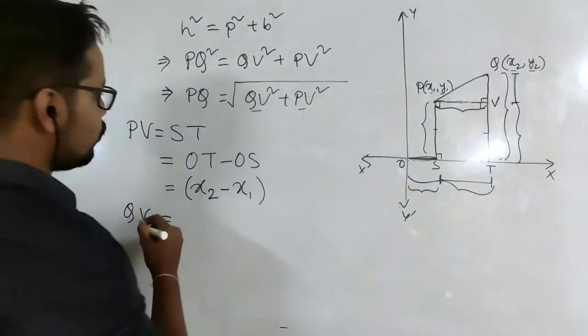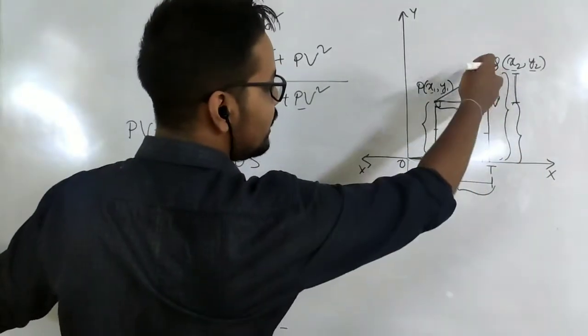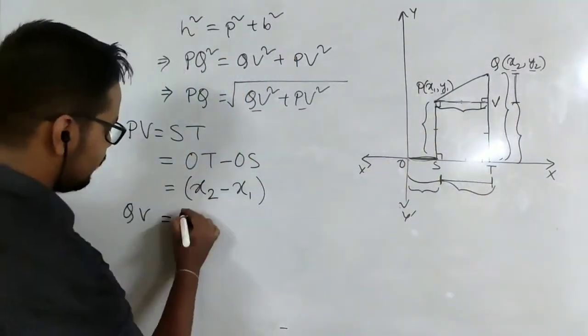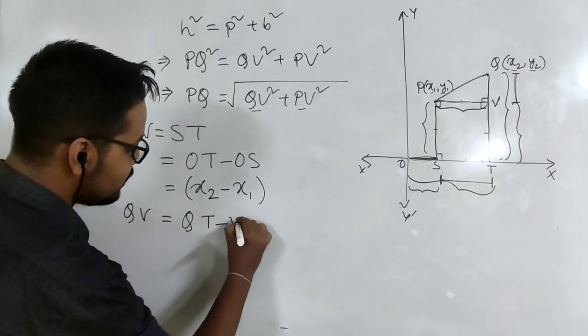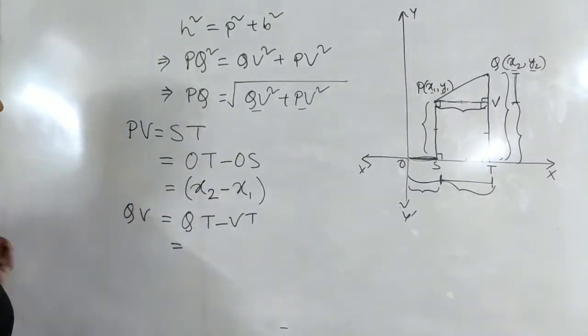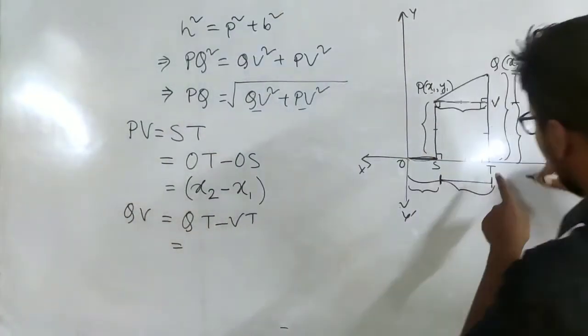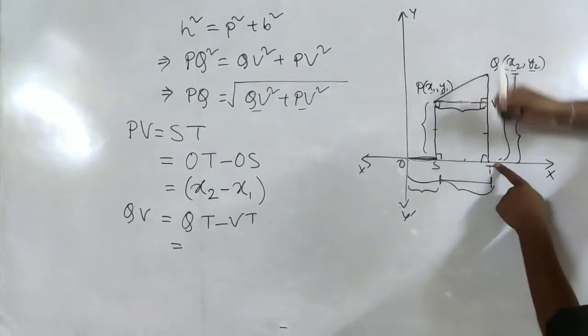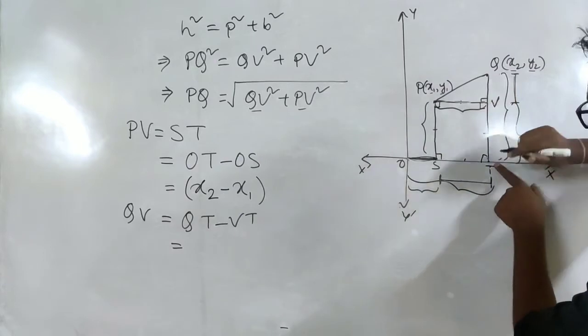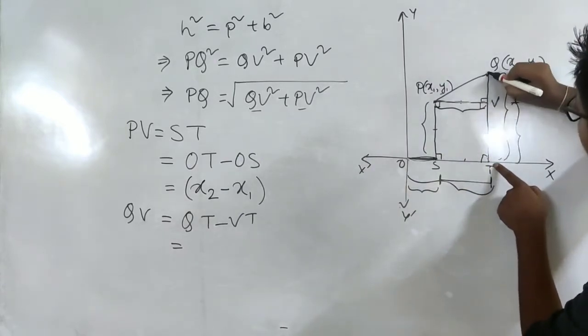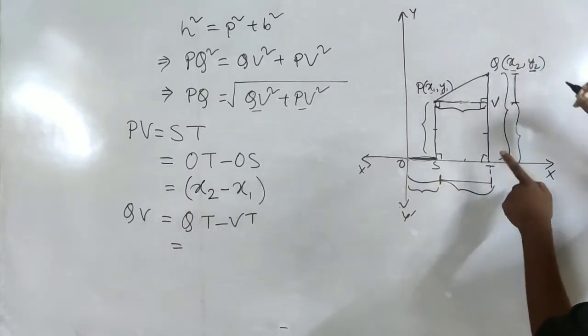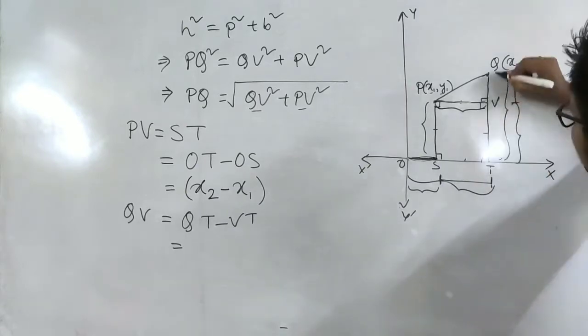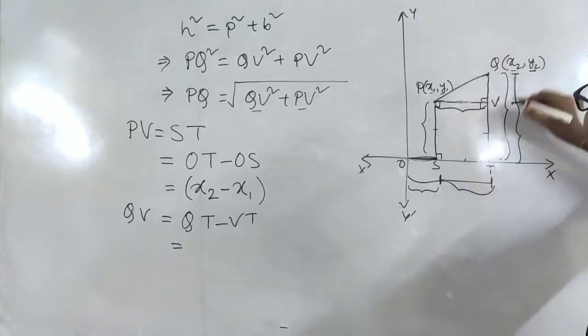QV can be written as QT minus VT. QT is this whole length. And what is the coordinate? This is the y-axis, right? We are moving up, which means we are moving along the y-axis. So what is the coordinate of this point? This point's y coordinate is y2. It means the value of QT is y2.